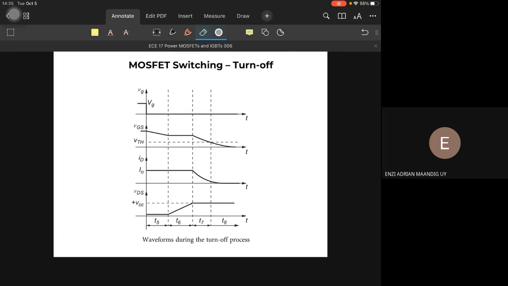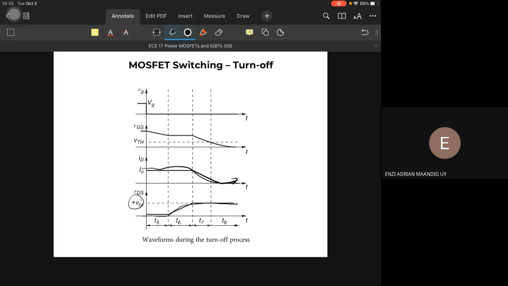During turn off, ID will drop to 0. And VDS will come back to its original nga voltage value, which is, in this case, equal to VCC.